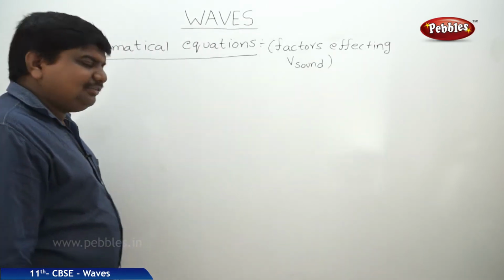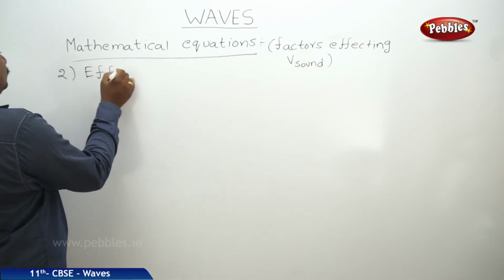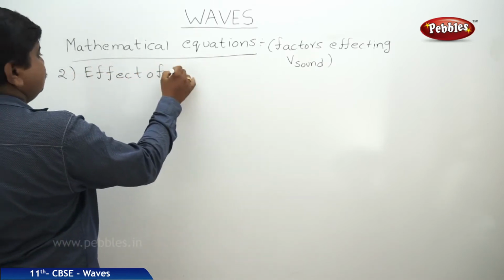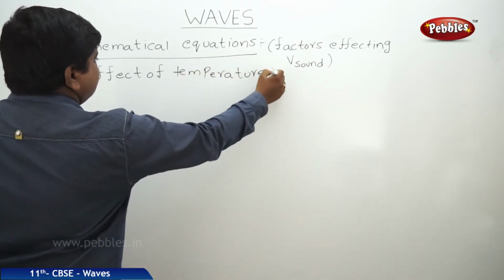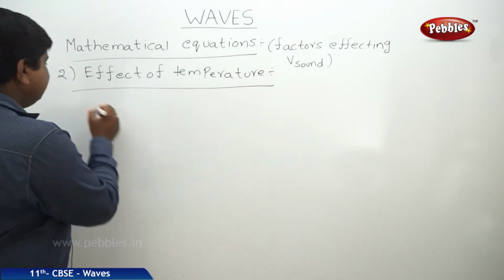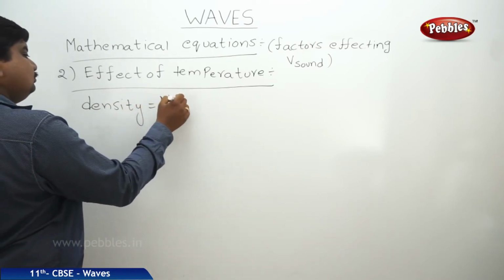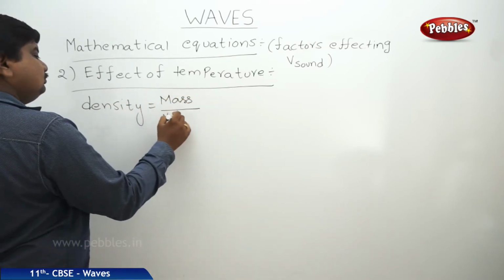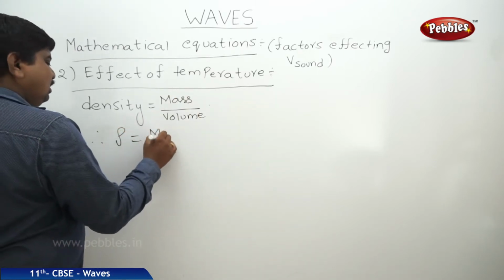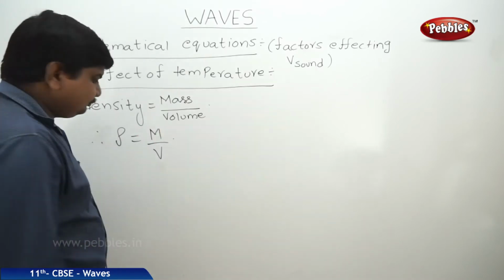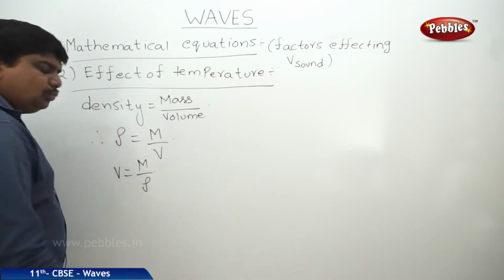The next mathematical equation we should observe is the effect of temperature. We know that density is equal to mass by volume. Therefore, rho is equal to m by V. From this expression we can write V is equal to m by rho.